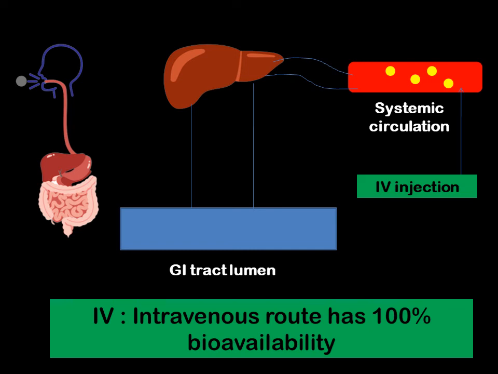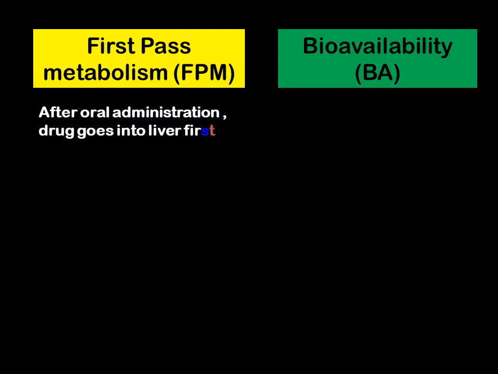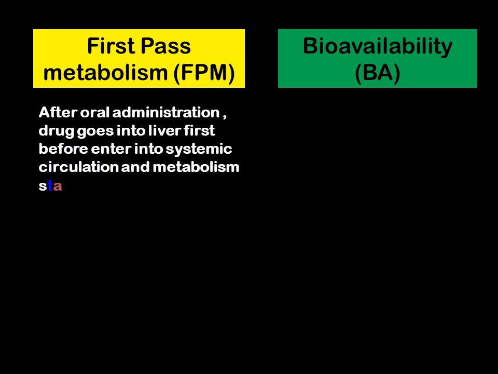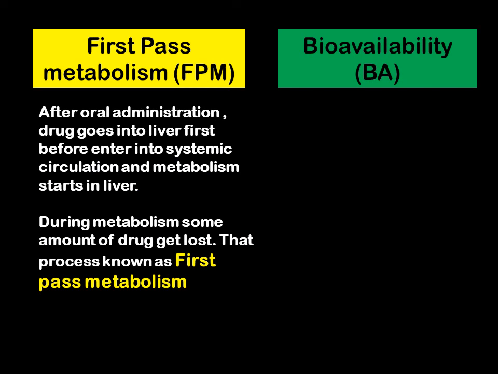Why is first pass metabolism very important? Because it affects the bioavailability of drugs, especially drugs administered via the oral route. And which route has 100% bioavailability? That is IV. So let's summarize all these things. After oral administration, the drug enters the liver first and metabolism starts, and during the metabolism some amount of drug gets lost.